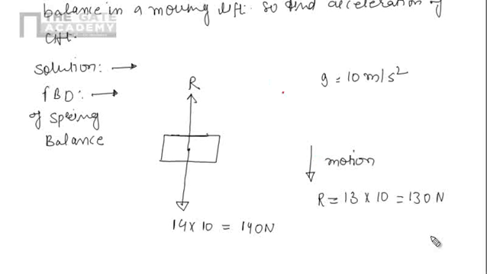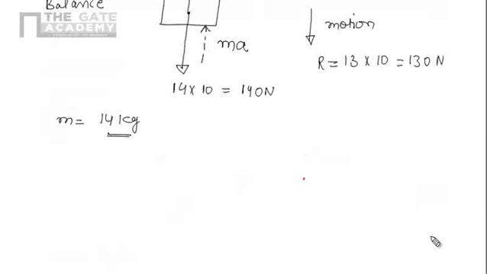Now, according to D'Alembert's principle, to convert the problem of motion into dynamic equilibrium, we have to apply the inertia force in the direction opposite to the direction of motion. Here the direction of motion is downward, so I will apply the inertia force in the upward direction, and the magnitude of inertia force will be m into a. Here the mass will be 14 kg because this is the true mass.